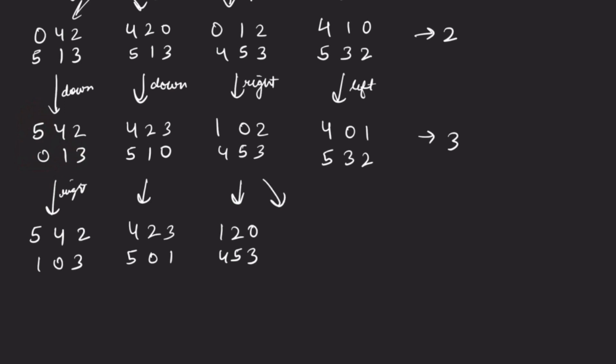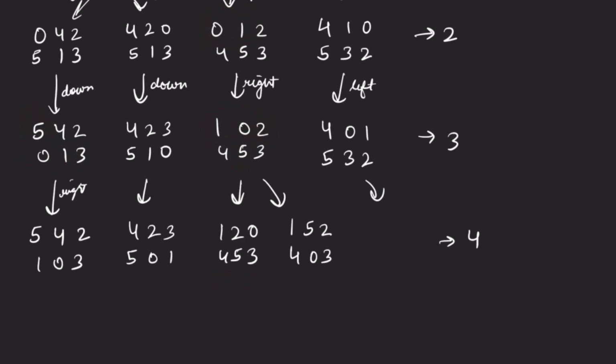And another scenario. So see here, 0 could be swapped with 1, 2 and 5. Right? With 1, we had already done previously. So with 2 and 5, we can swap. Right? So with 2, we got this. And with 5, we will get 1, 5, 2, 4, 0, 3. Right? And then similarly, you can find for this one also. So this will give you 4 number of moves.